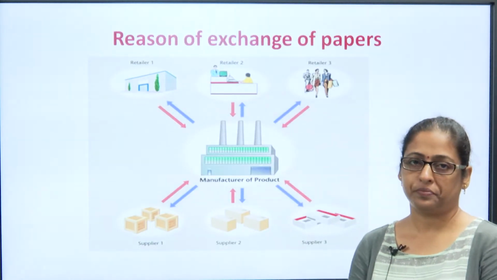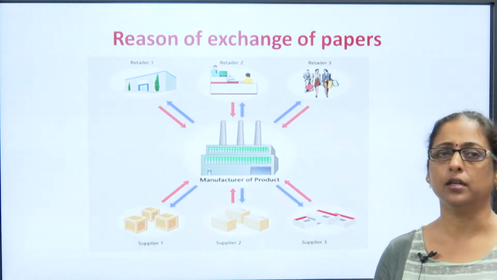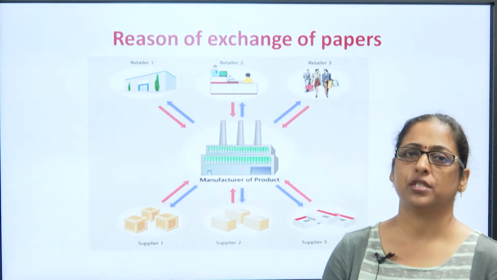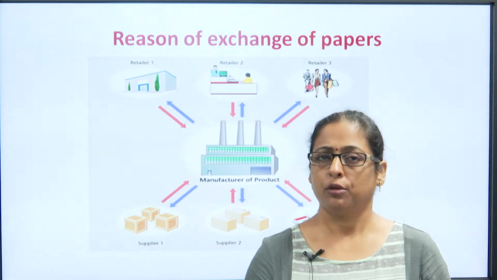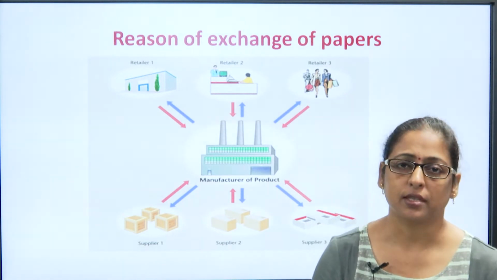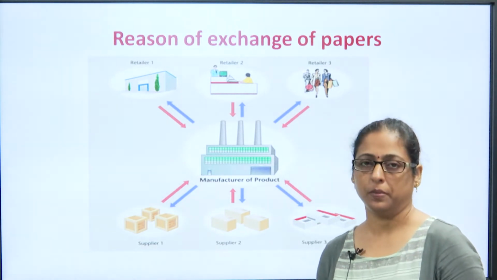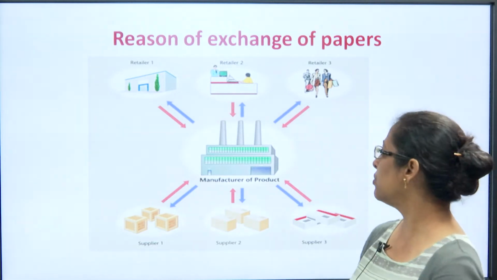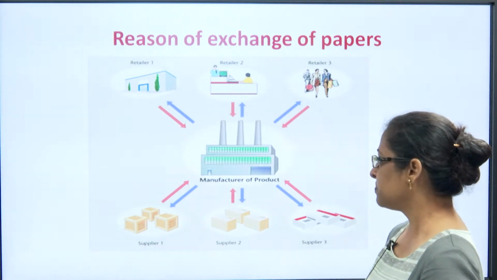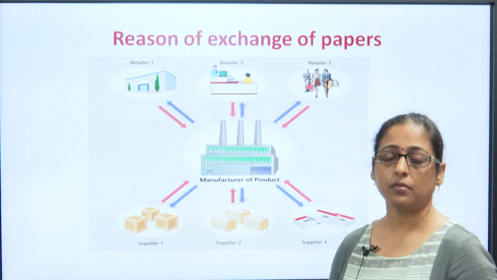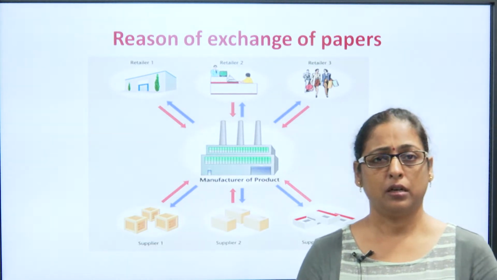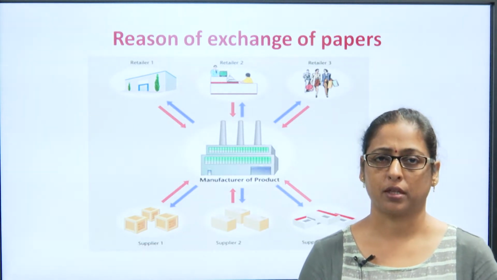Now, as I was telling you earlier, why do we need to exchange data or papers when we are doing B2B transactions? This is something which needs to be understood properly. Over here, if you see, there is a company which is involved in manufacturing a product.